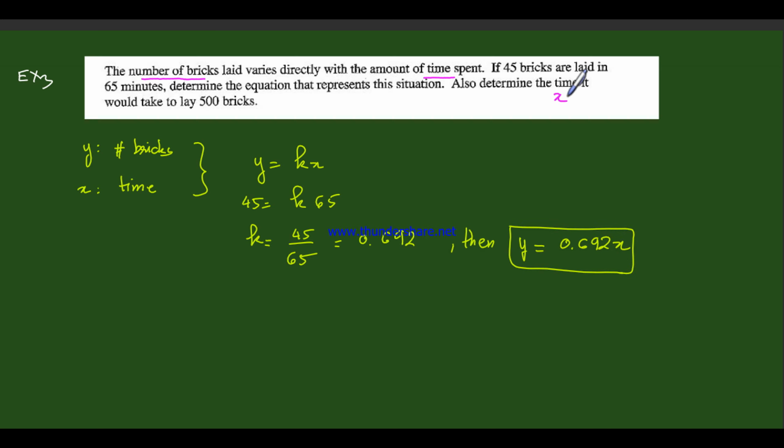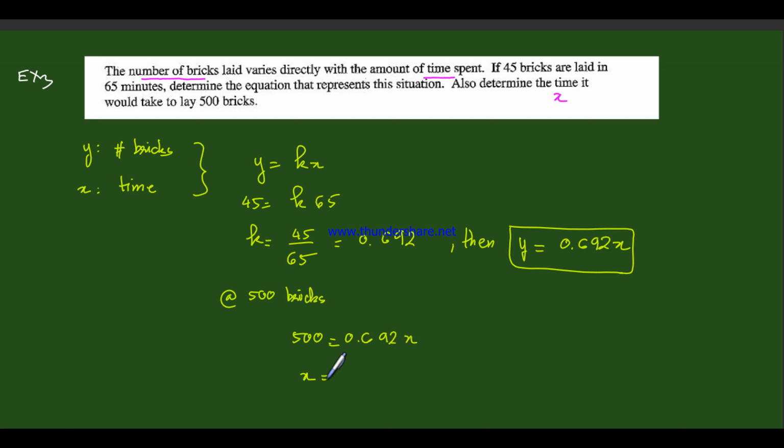Now determine x, the time to take to lay 500 bricks. So we put 500 into the equation: 500 equals 0.692x.